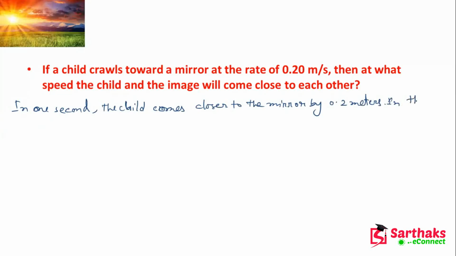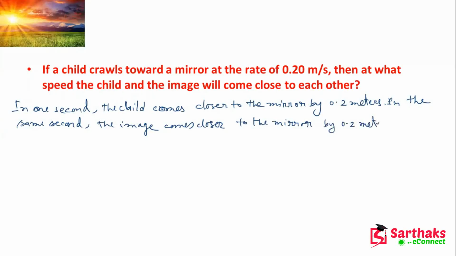Now, in the same second, the image comes closer to the mirror by 0.2 meters. Right? You can test it. Don't crawl, but if you are coming towards the mirror, you can test this one also.